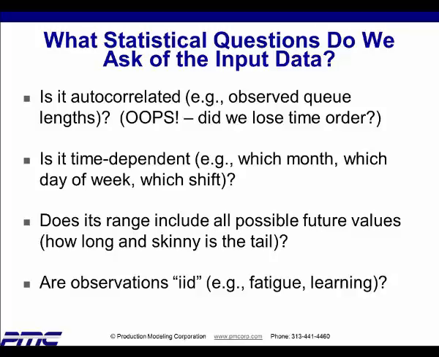The input data is correlated in a sense with itself or with other closely related input data. And that can have a big effect when there is positive autocorrelation. Bigger tends to go with bigger. That's usually worse. The queue lengths tend to get longer, other things being equal. So don't forget to look for autocorrelation.